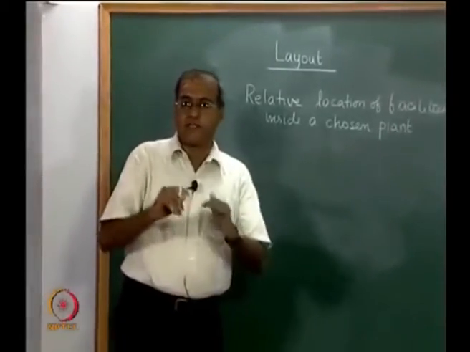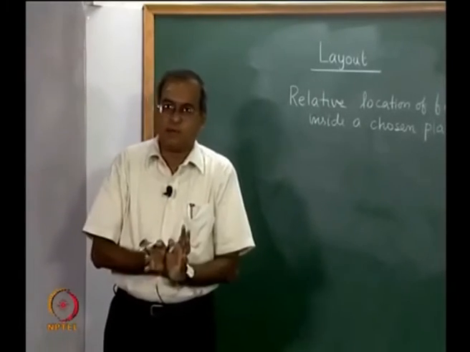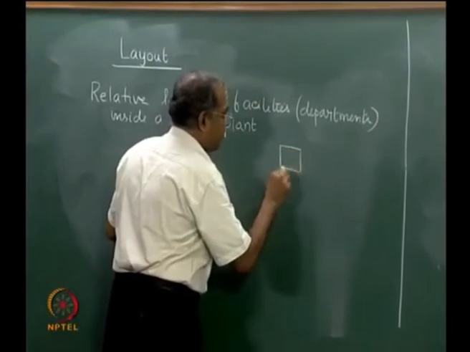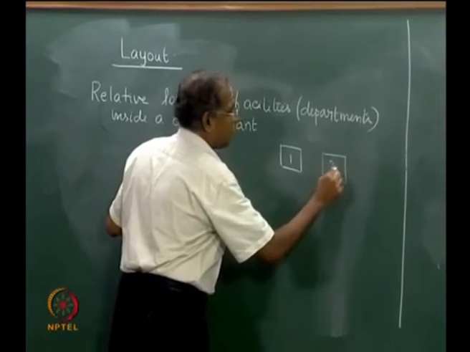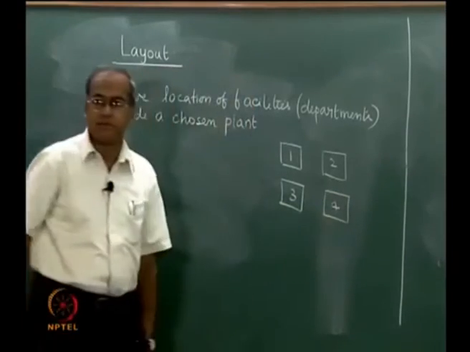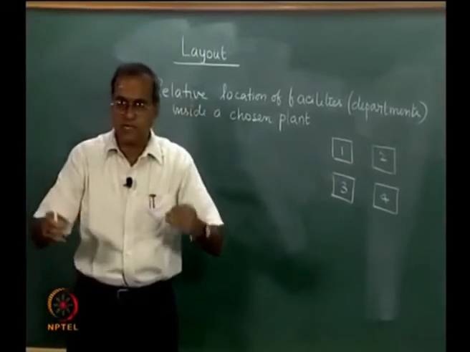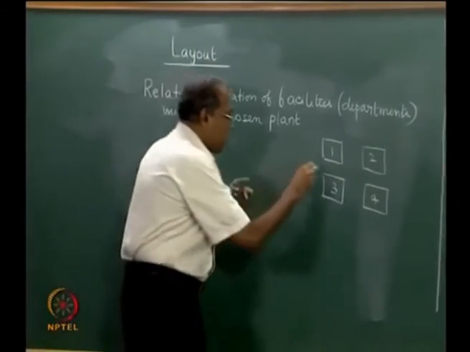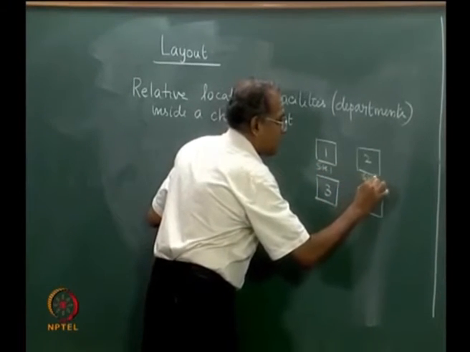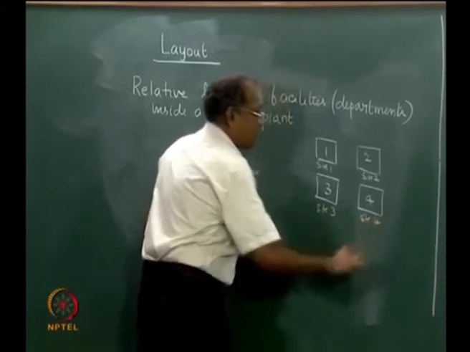If, for example, we have 4 departments that have to be located within a certain factory, and suppose we locate department 1 here, department 2 here, department 3 here and department 4 here. Now, there are 4 places where these 4 departments can be located. This is usually called site 1, site 2, site 3, site 4.